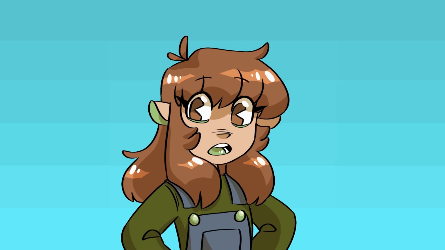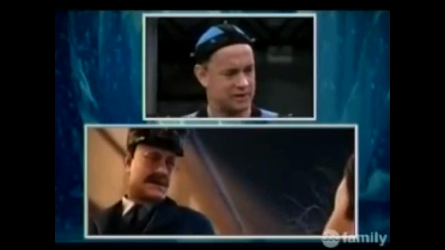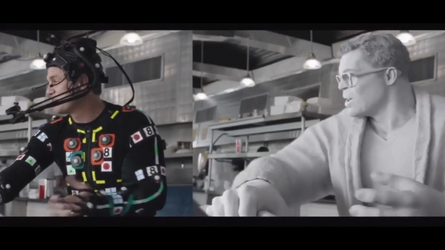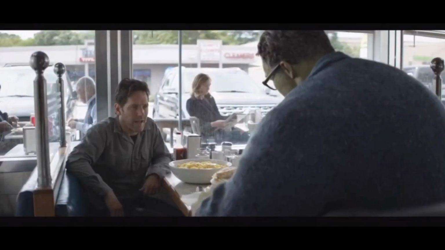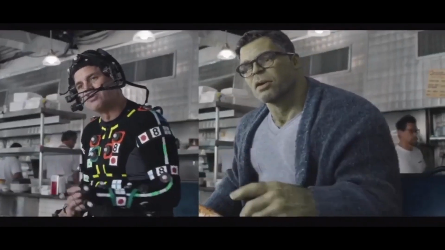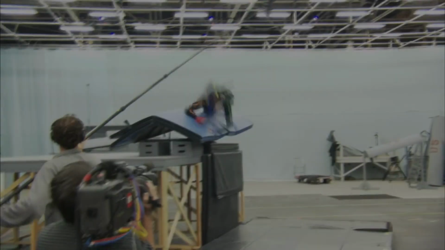Well-known media using motion capture include the Polar Express, the Hulk's animations in Marvel movies, and the movie which revolutionized the technique, Avatar.